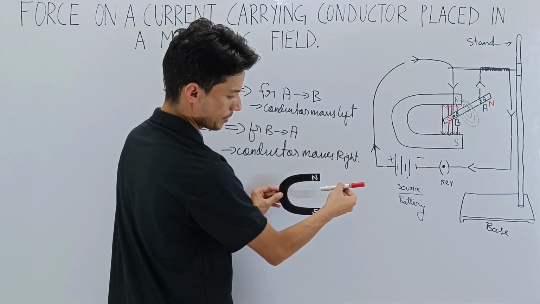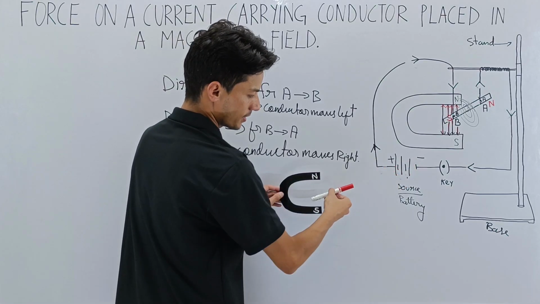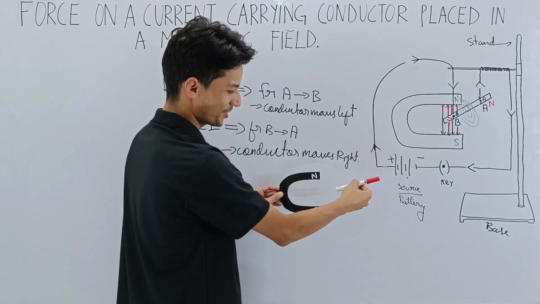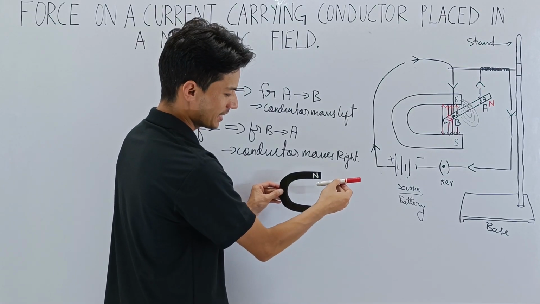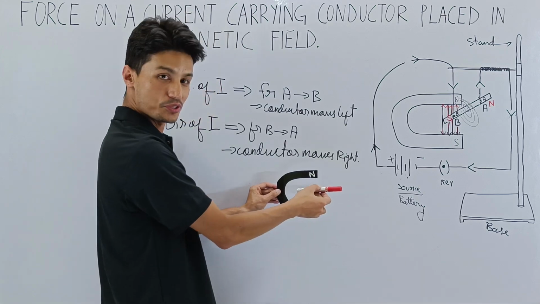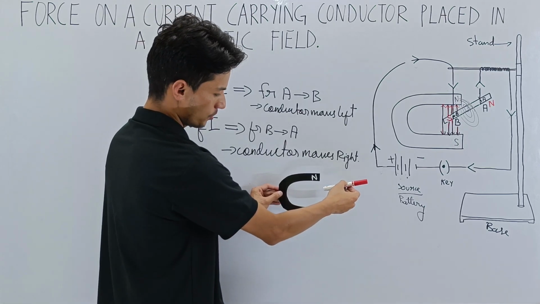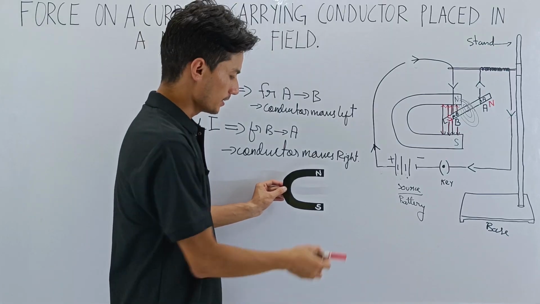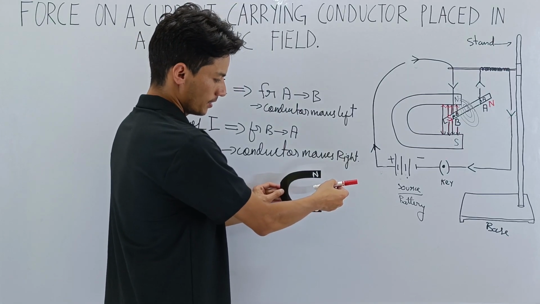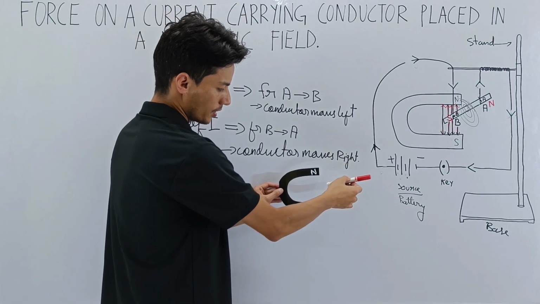Now north and south. So what will happen? Will it still go towards the right side? No, no. Now it will go towards the left side. Why? Because this is north pole and this is south pole. Now it will go inwards. It will go towards your left.